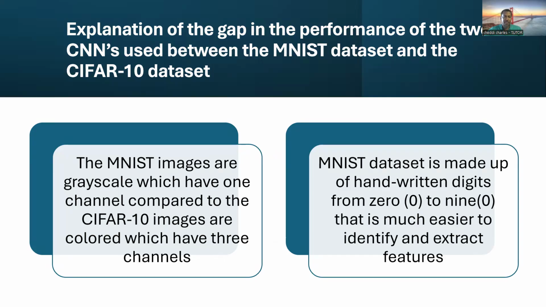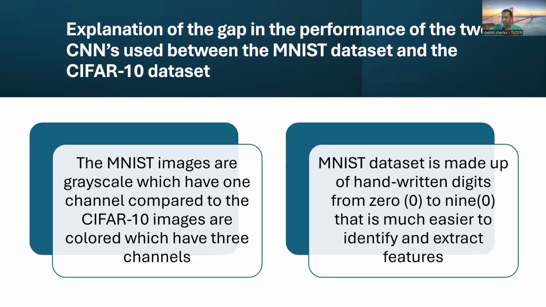And the MNIST dataset is made up of handwritten digits from 0 to 9. It is much easier to extract and identify those features using MNIST, so there's less work for the convolutional neural network.